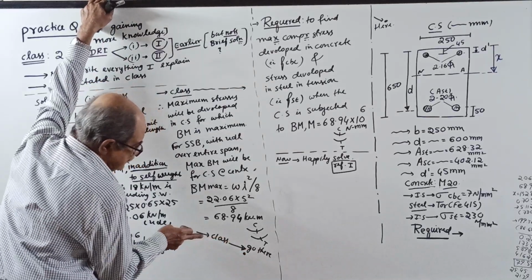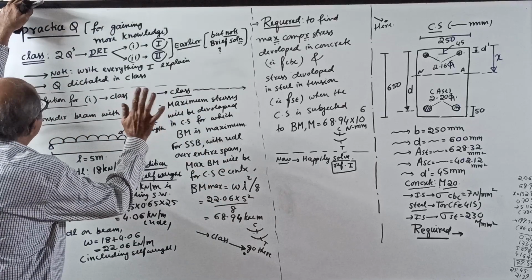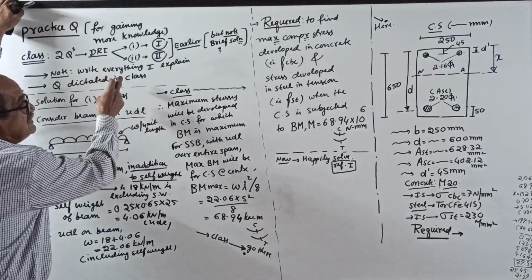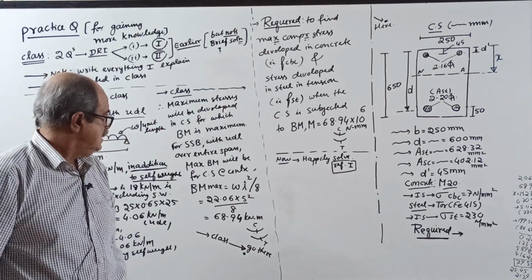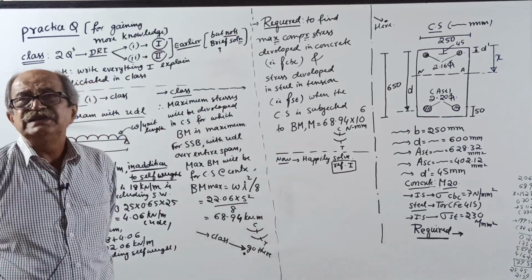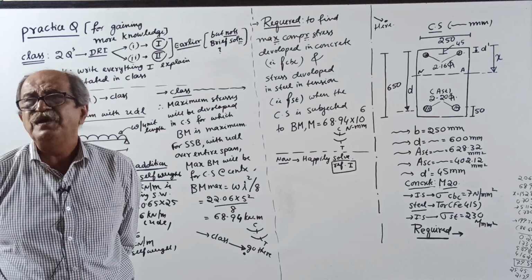Now, class, some statements you are right. Our question is to find the maximum stresses developed for the entire beam. Just now I told you the maximum stress will be developed where bending moment is maximum.